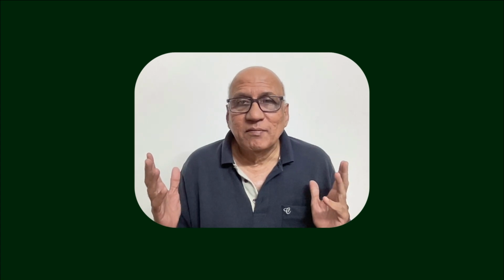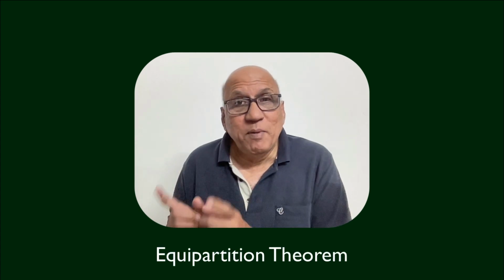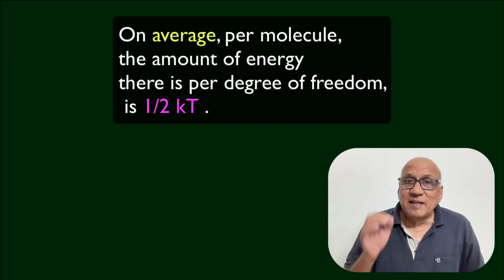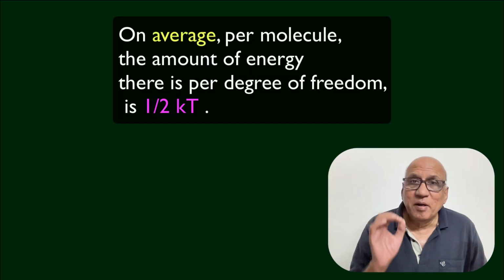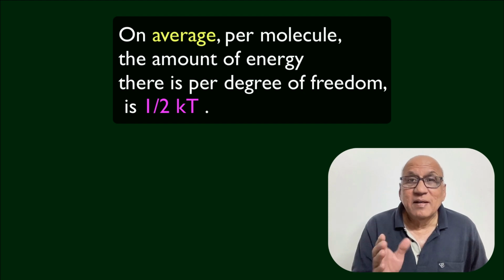They are rotating about different axes with different amounts of energies. Can we say something about the average energy in rotation, in vibration, and in translation? The equipartition theorem tells us that on average, per molecule, the amount of energy there is per degree of freedom is half kT.